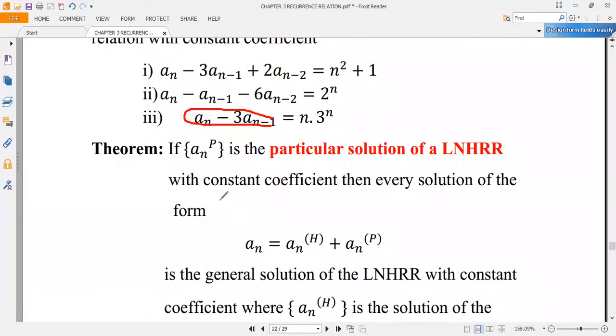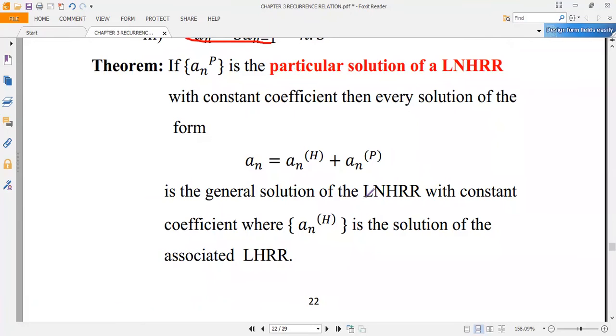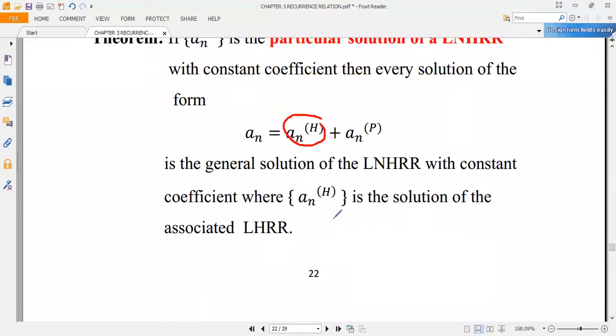Now, the theorem: if a_n^(p) is a particular solution to the linear non-homogeneous recurrence relation with constant coefficients, then every solution of the form a_n equal to a_n^(h) plus a_n^(p) is a general solution to the linear non-homogeneous recurrence relation, where a_n^(h) is the solution of the associated linear homogeneous recurrence relation.